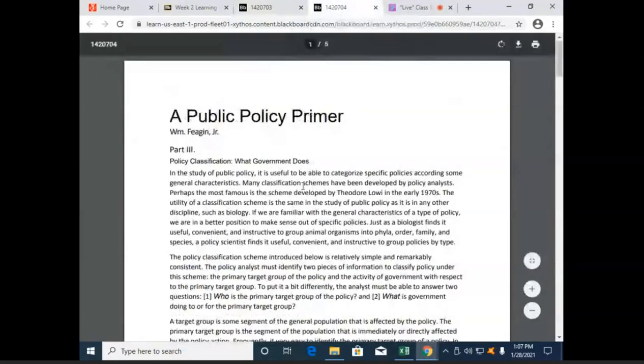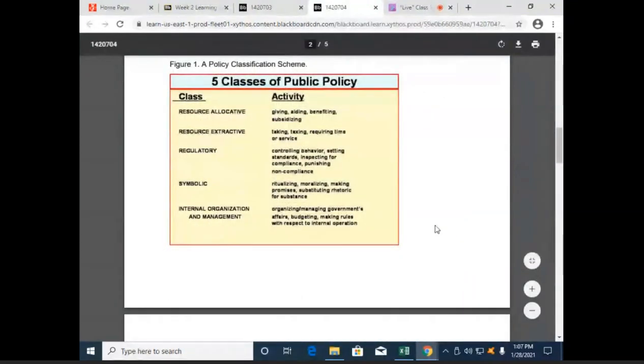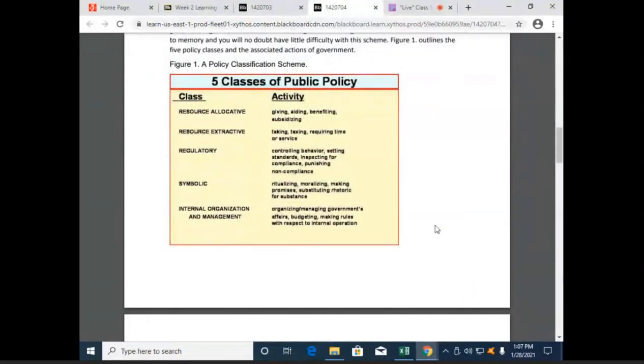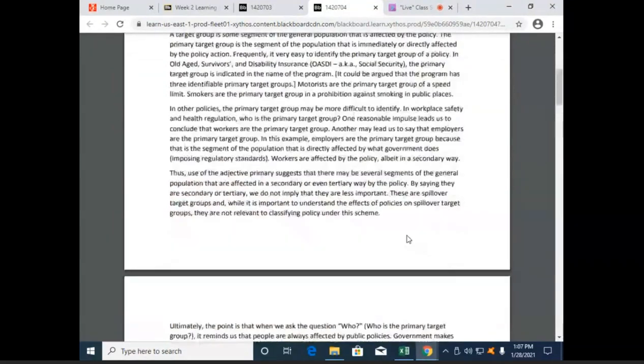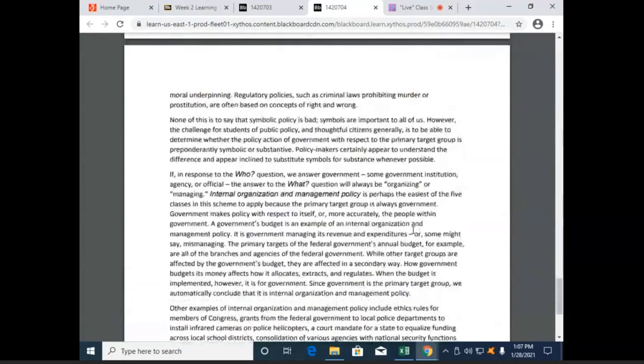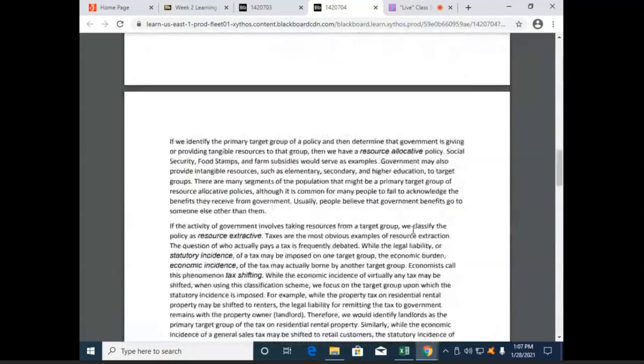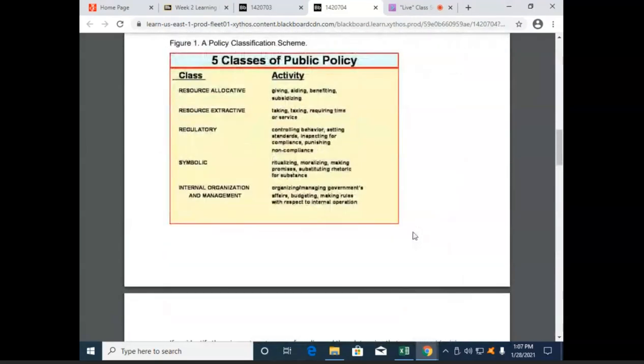All right, let's turn our attention then to part 3, which is a discussion of the 5 classes of public policy. And again, this part of the policy primer is brief. I guess it is somewhat not as lengthy as the other two, but what I'm really trying to get us to think about here is that there are several different types of activities that government undertakes.